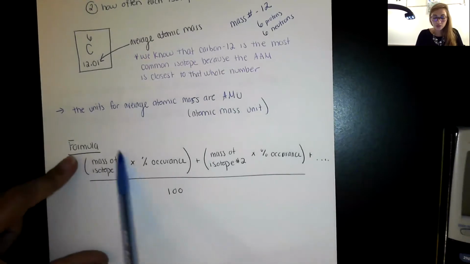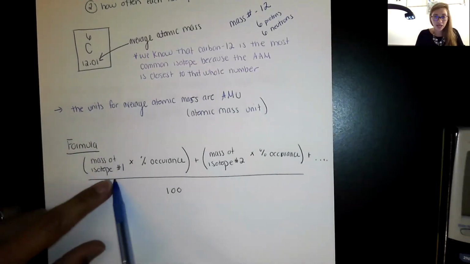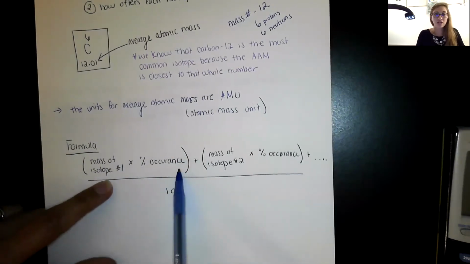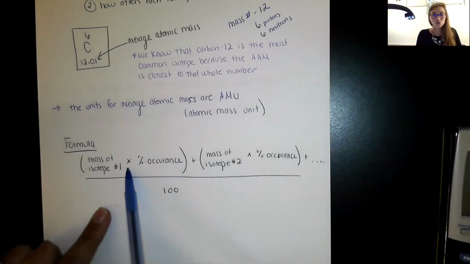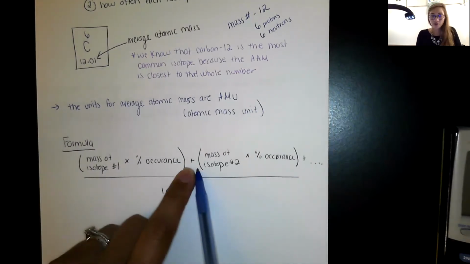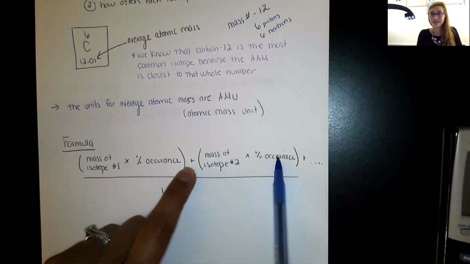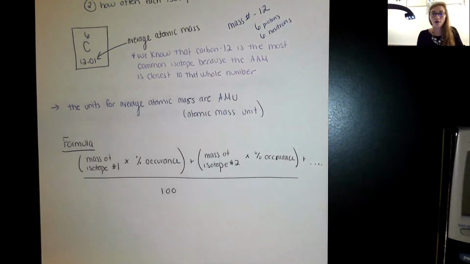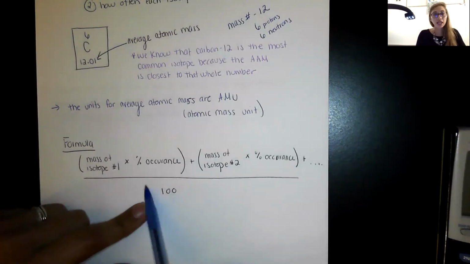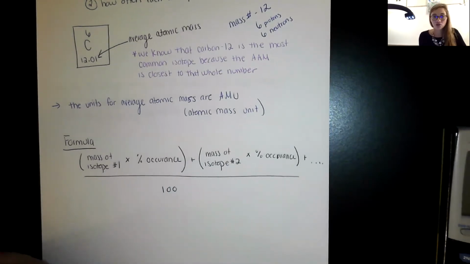You take the mass of the isotope and how often it occurs, and multiply those together. Then you add it to the mass of your second isotope multiplied by its percent, and you do that for however many isotopes you have. Then when you're all done, you divide by 100.